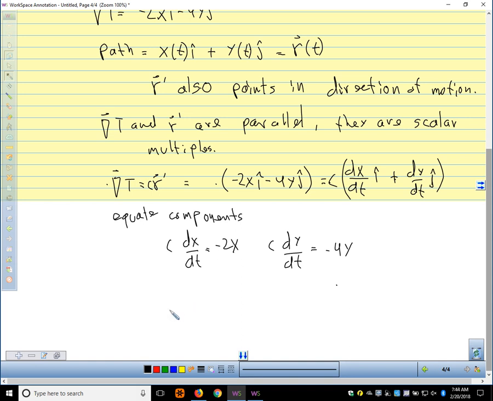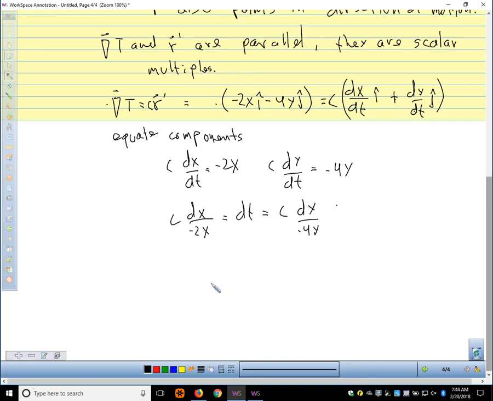So I'm going to say C dx over minus 2x equals dt, and that equals C times dy over minus 4y. And I can say that 2 dx over x equals dy over y. Multiply both sides by negative 4.